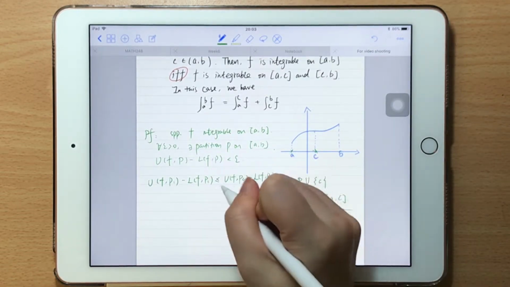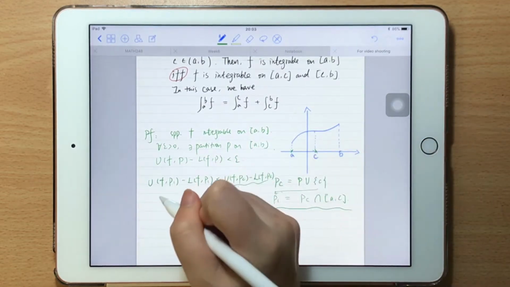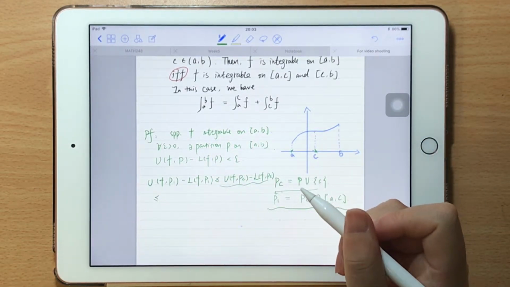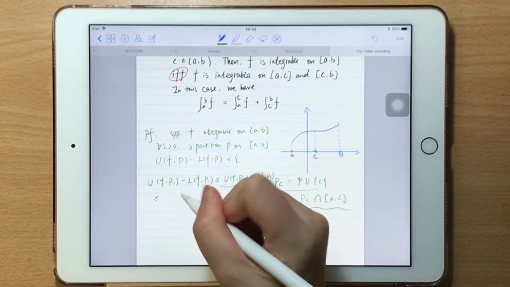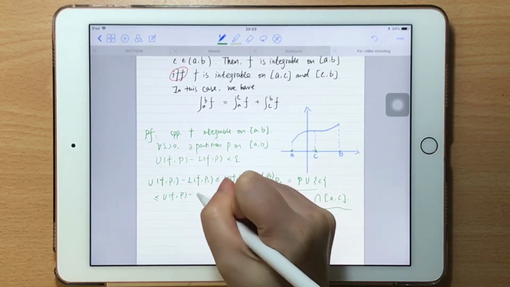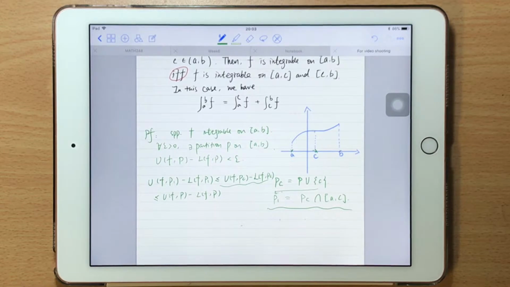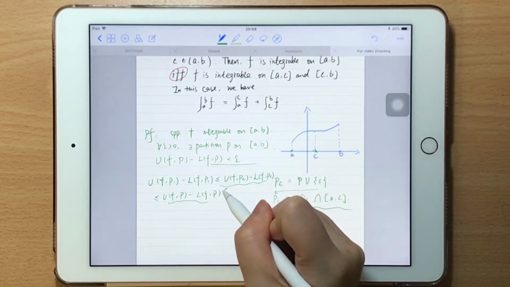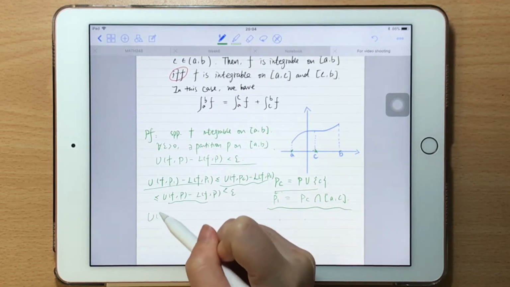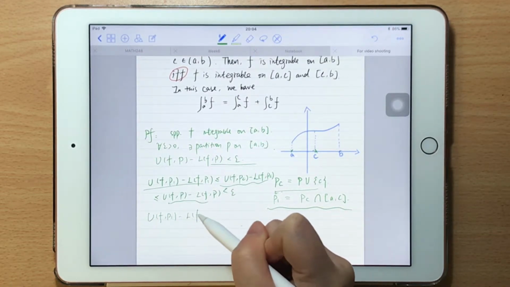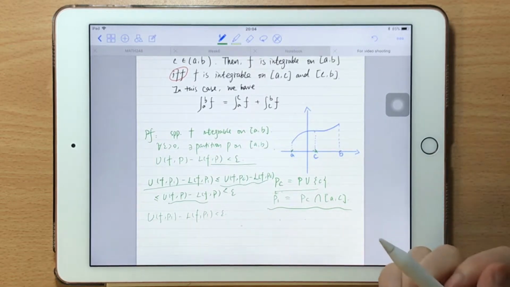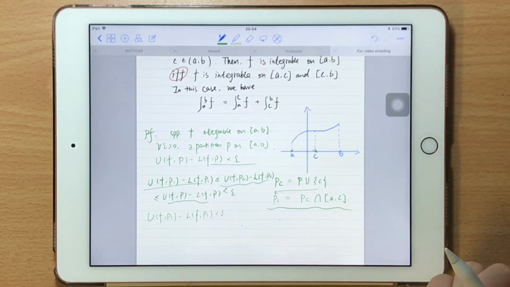And this will be smaller than U(f,P) minus L(f,P), because P_c is a refinement of P. We know that this part is smaller than epsilon. So finally we get U(f,P1) minus L(f,P1) is smaller than epsilon for any epsilon larger than 0. So we show that f is integrable on [a,c].